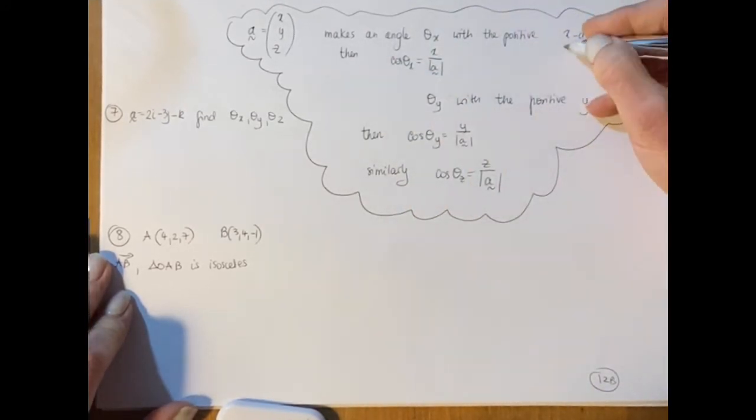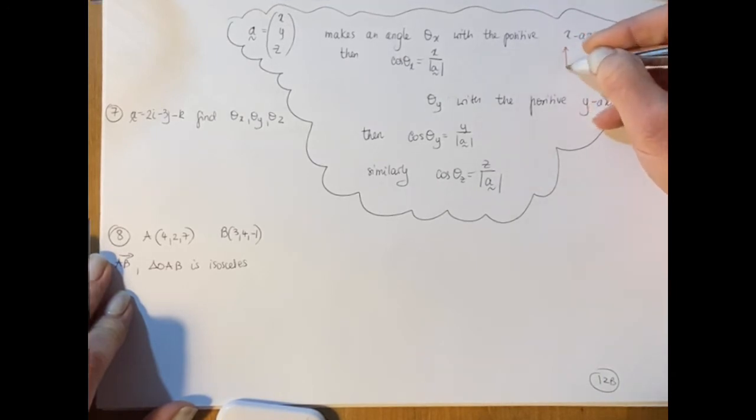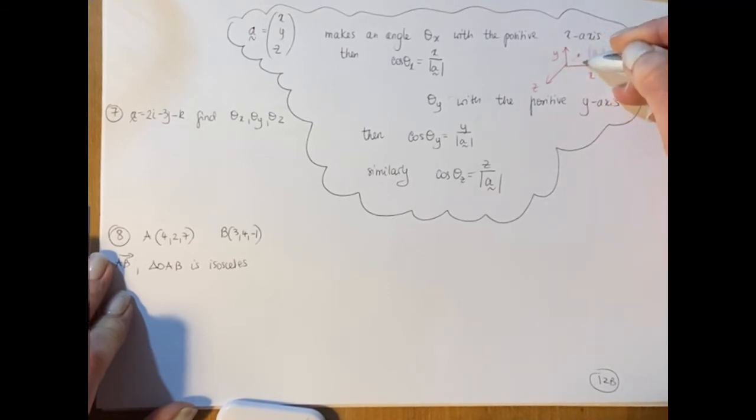So if you imagine, let's draw a pair of axes. If you've got a point there with the coordinates a, b, and c, then the angle that it makes with this, this is going to be the right angle, so you drop it to there, and that's the angle that we are looking for.